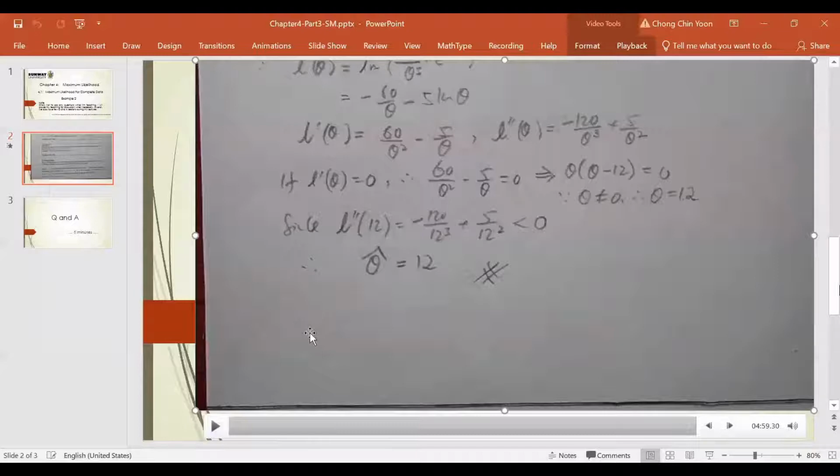Okay, let's see how it is. So this is maximum likelihood for complete data, so complete data for individual and group data. Later we have incomplete data. We have done individual, now we go to group.